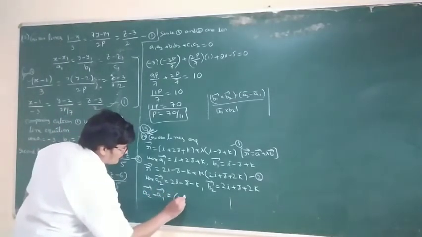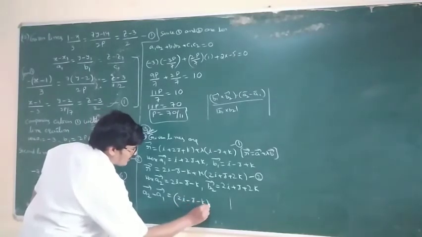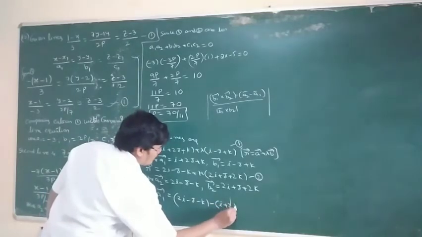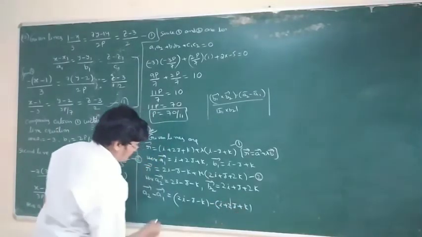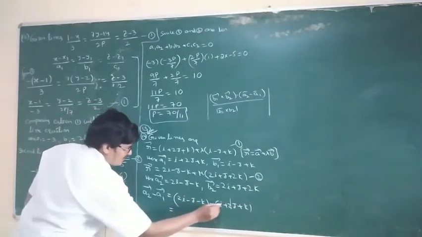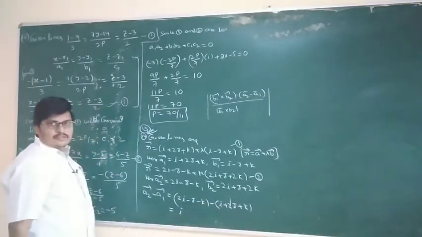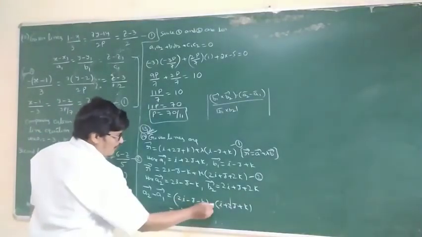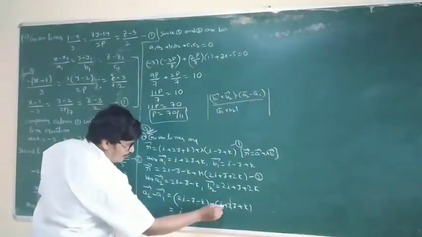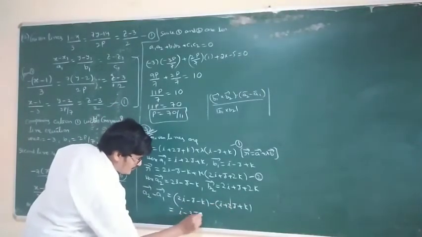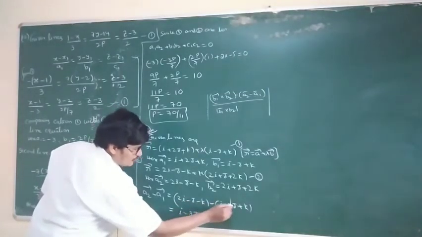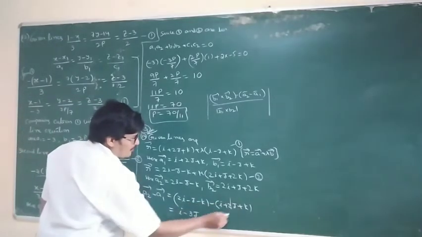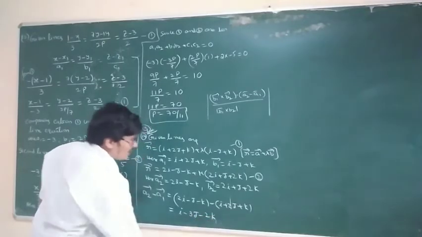a2 bar is equal to 2i minus j minus k. a2 bar minus a1 bar, with a1 bar equal to i plus 2j plus k. So 2i minus i. Okay, subtract the two vectors: 2i minus i, minus j minus 2j is minus 3j, minus k minus k is minus 2k.